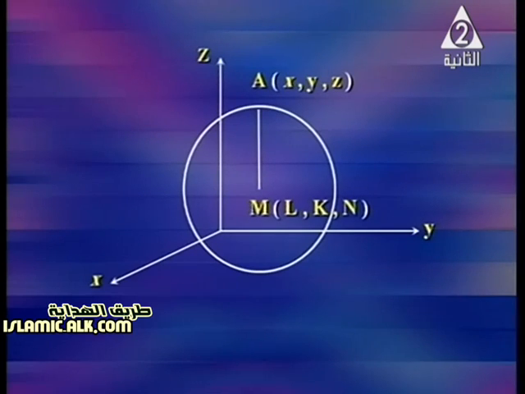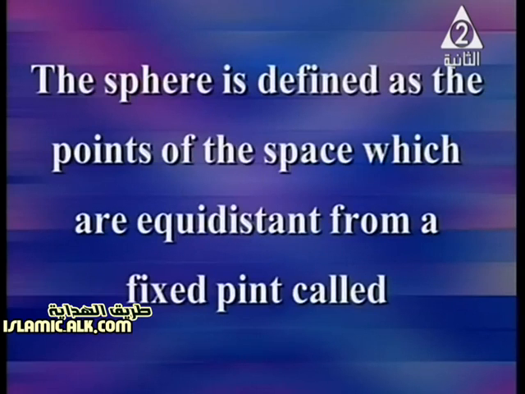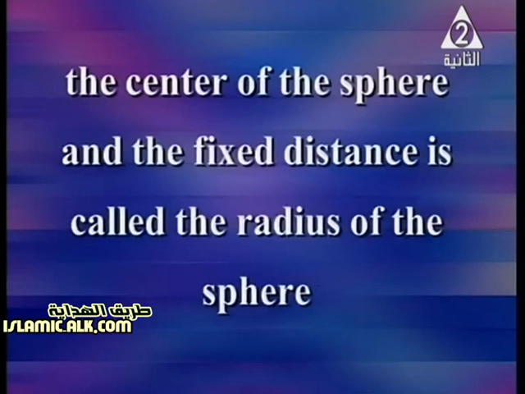If we have center M, and point A lies on the sphere, A(x, y, z). The sphere is defined as the points of space which are equidistant from a fixed point called the center of the sphere, and the fixed distance is called the radius of the sphere.